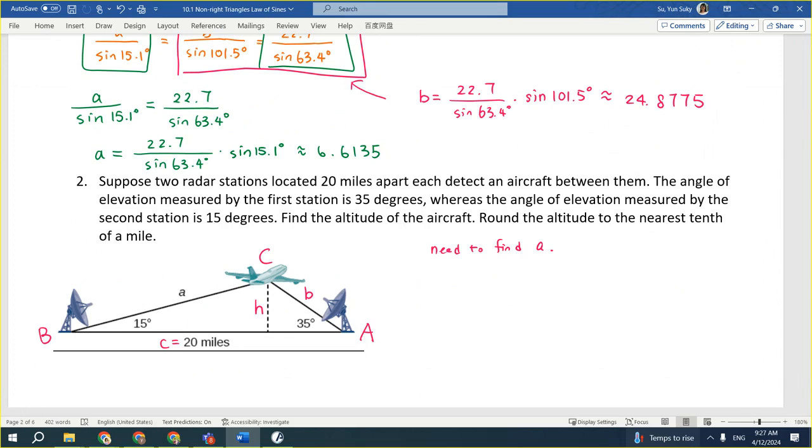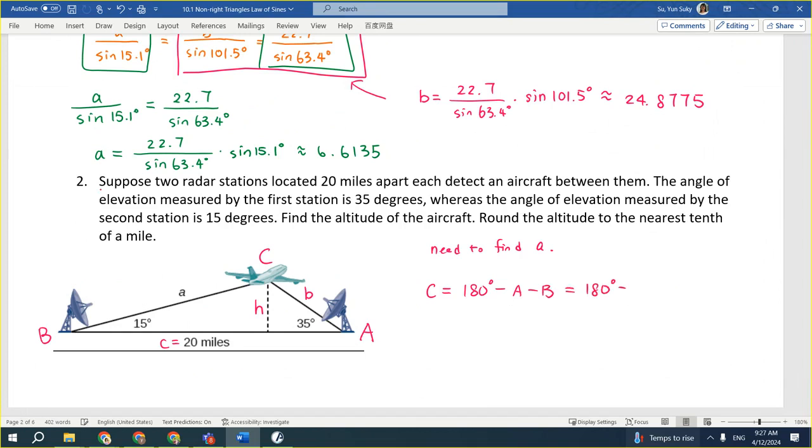So we have the two angles, A and B. Can we find the angle C? Yes. So C is 180 degrees minus A minus B.